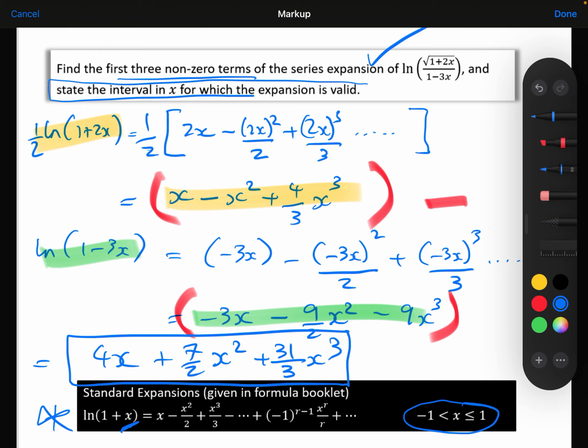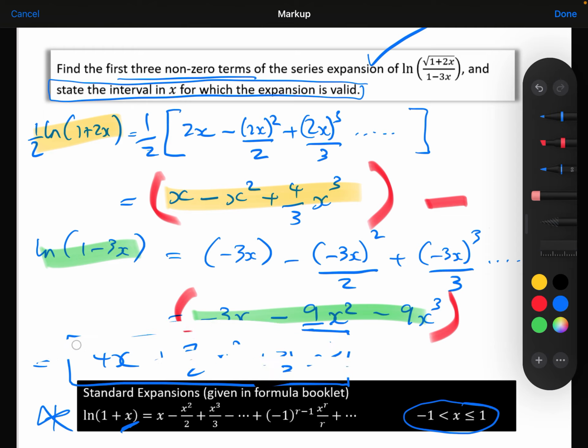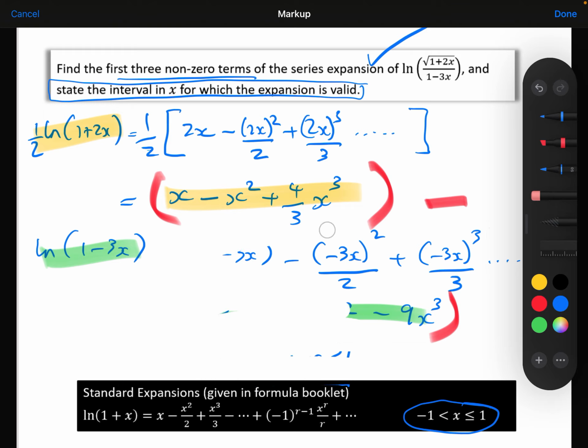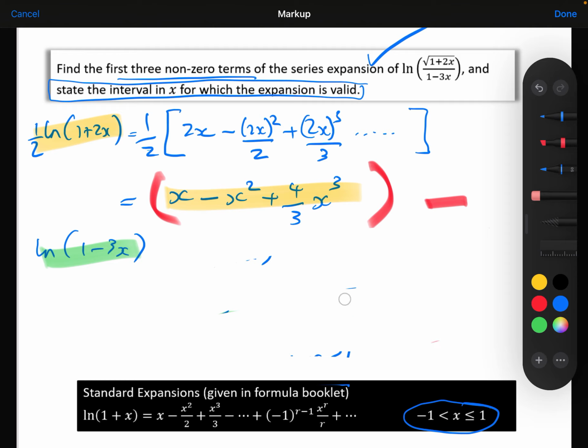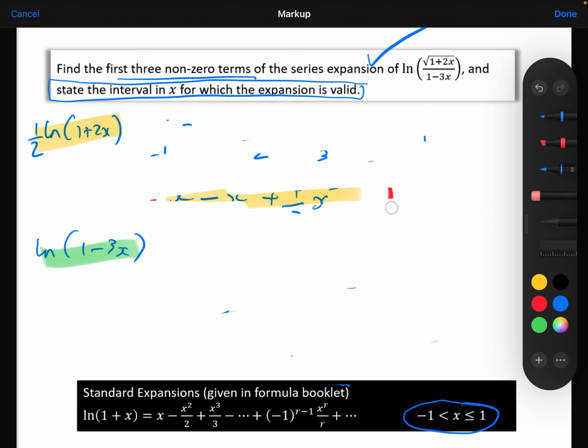The next, we have to state the interval for which this expansion was valid. So for what values of x is this actually worthwhile doing? Which values of x are we actually allowed to do this for? So, remember that our expansion is only valid if this is true.